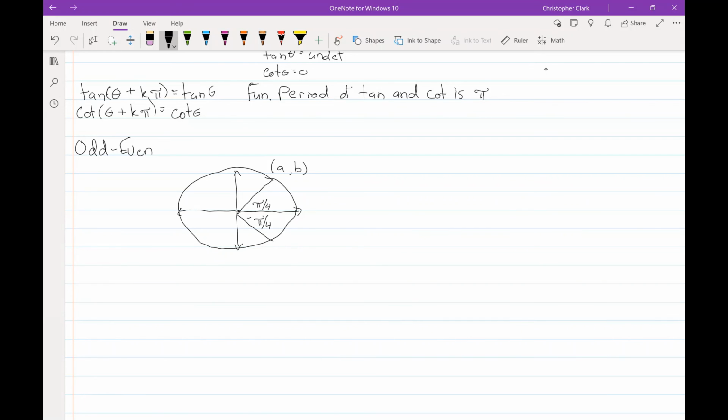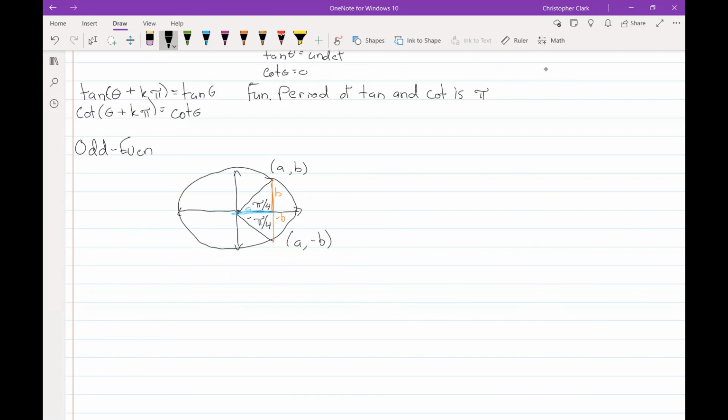Well, it turns out that I get the same a, right? I've gone the exact same a in both cases, but I've gone negative b, right? So I have gone b and I've gone negative b, but I've gone a in both cases. So I end up with a and negative b.